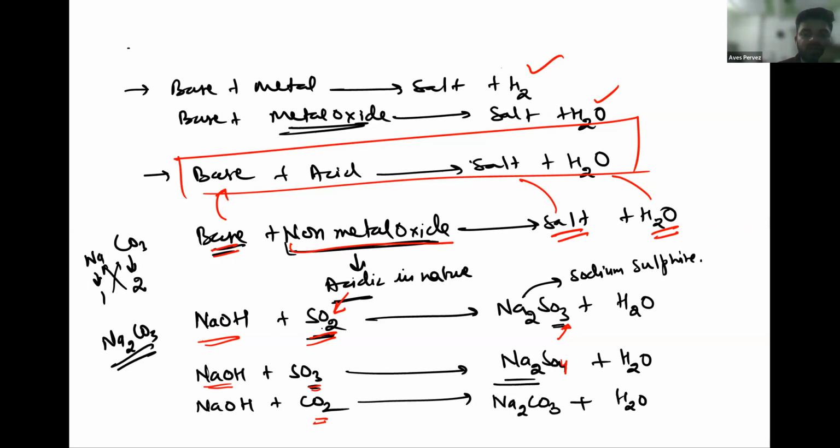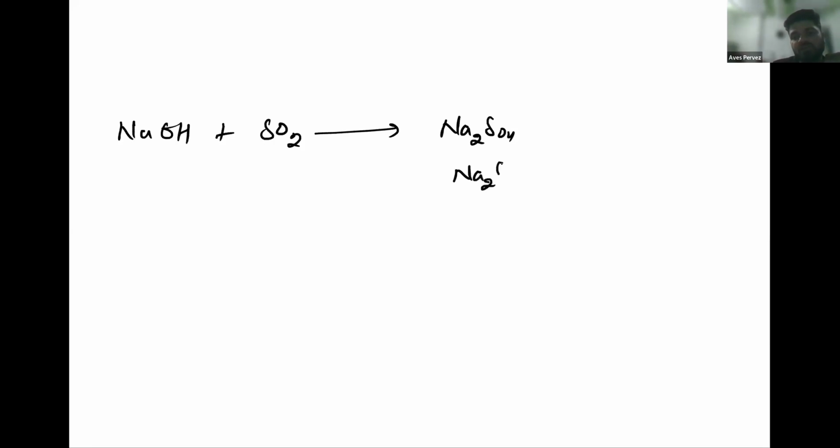So non-metal oxides are acidic in nature. Let me revise one more time. What would happen if NaOH base reacts with sulfur dioxide? Will Na2SO4 be formed or Na2SO3? Which one is correct?